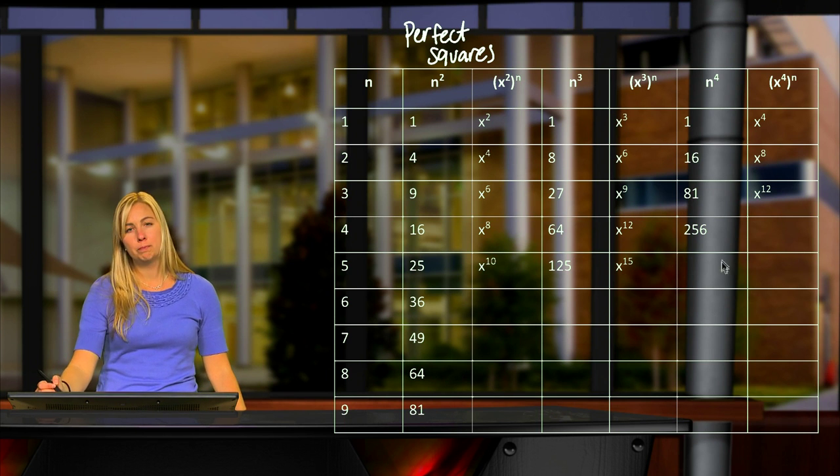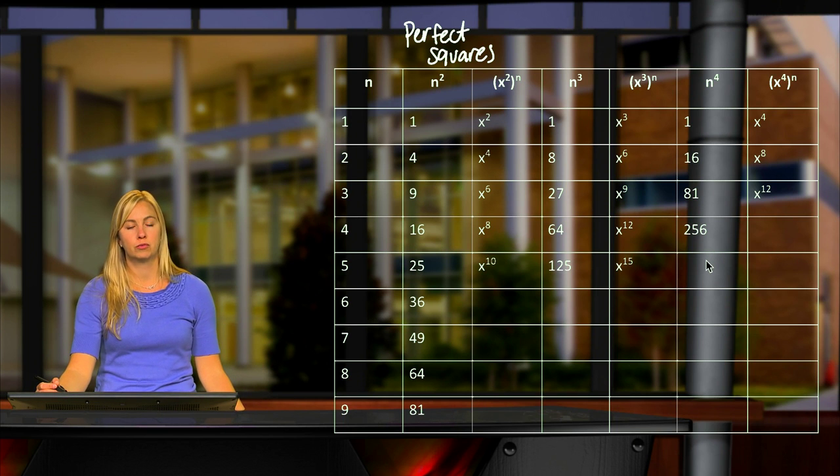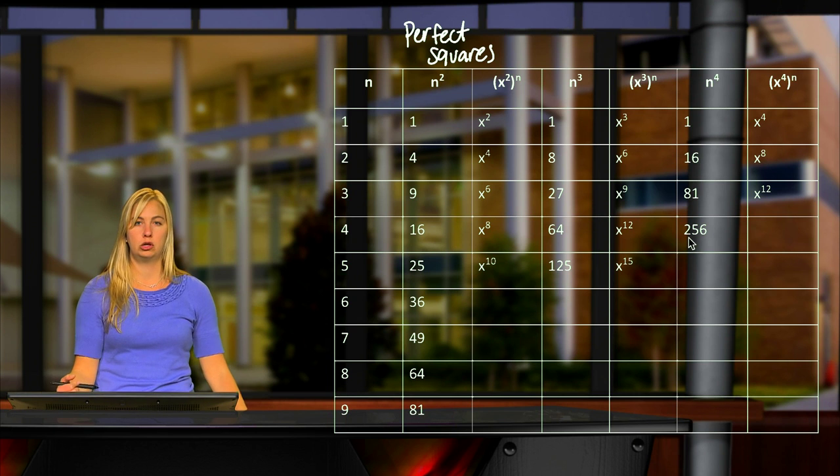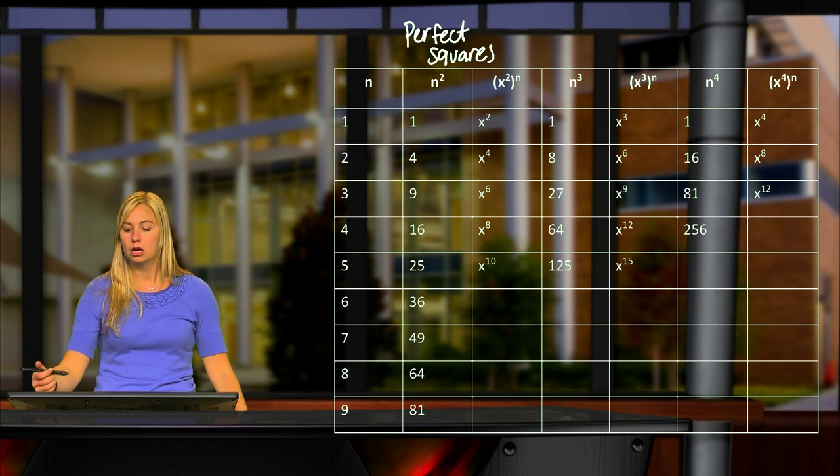And then I have a few perfect fourths here because we will see that index in some of our radical expressions. 1, 16, 16 is 2 to the 4th, 3 to the 4th is 81, 4 to the 4th is 256. Again, I stop it here because these values grow very, very quickly and we probably won't see too many perfect fourth factors that are larger than 256.